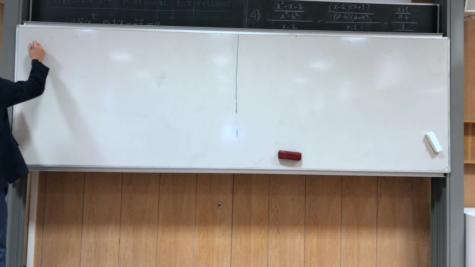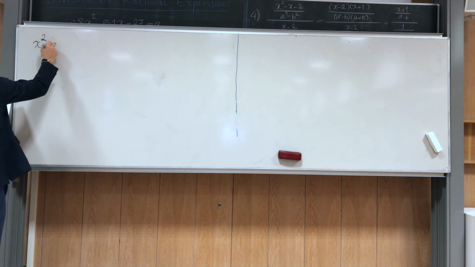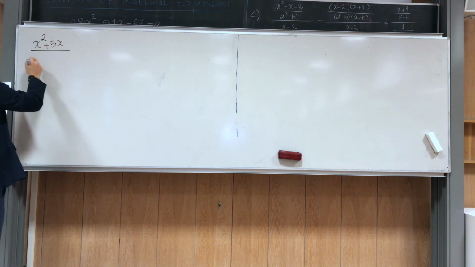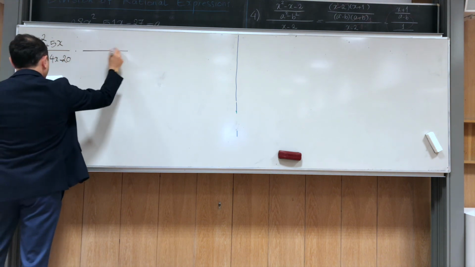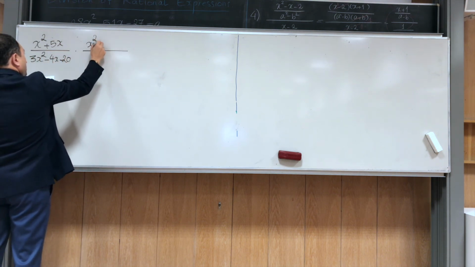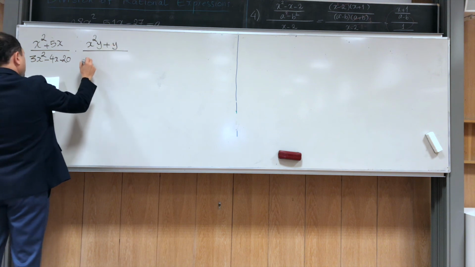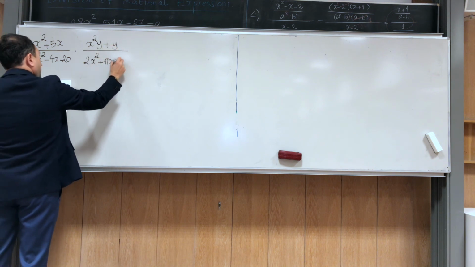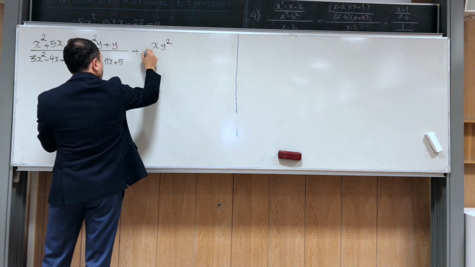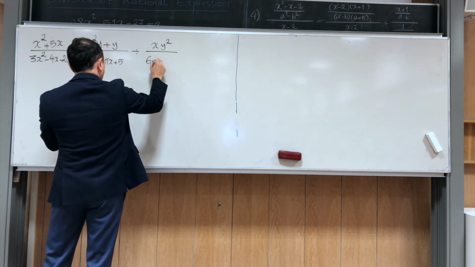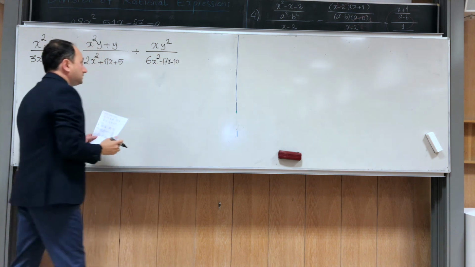So I have x squared plus 5x divided by 3x squared minus 4x minus 20 multiplied by x squared y plus y divided by 2x squared plus 11x plus 5 divided by xy squared and then 6x squared minus 17x minus 10. Yes?